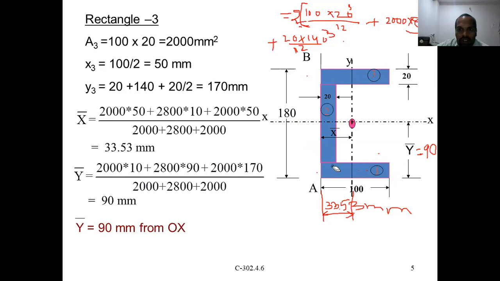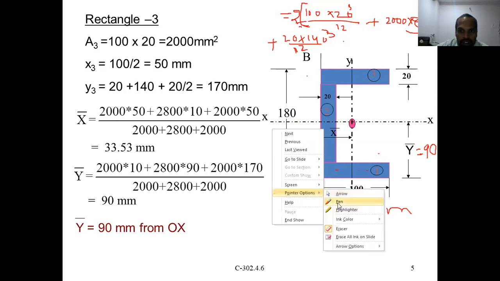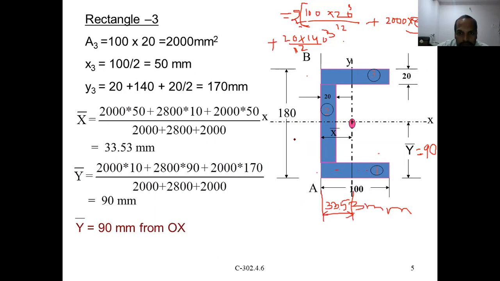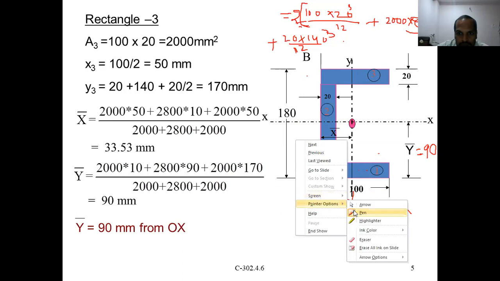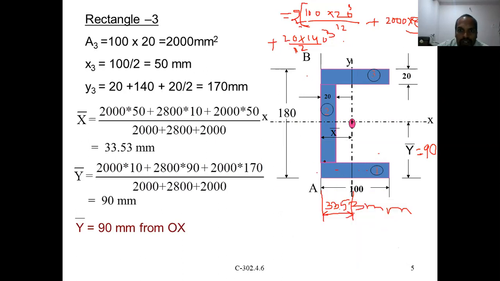Now let us calculate the moment of inertia about the y axis. So y means this is the y axis about which we need the moment of inertia. For this case, first figure 1: where the centroid of figure 1 lies, its centroidal y axis is at a distance of somewhere here at 50 mm.